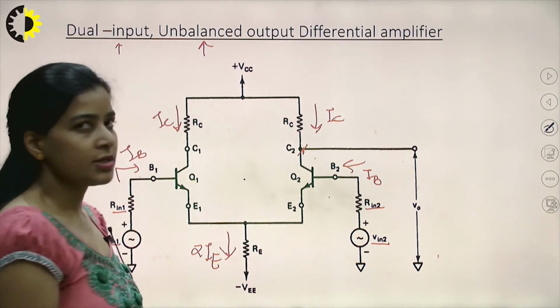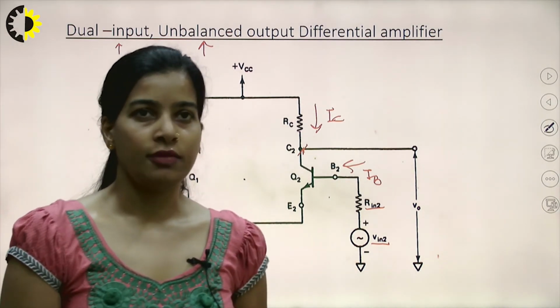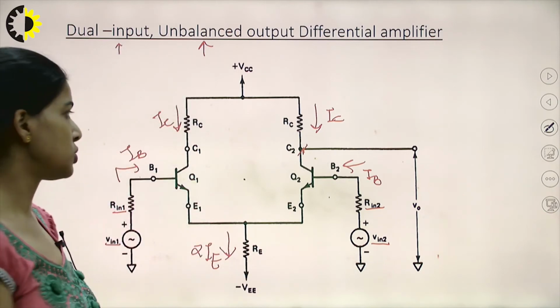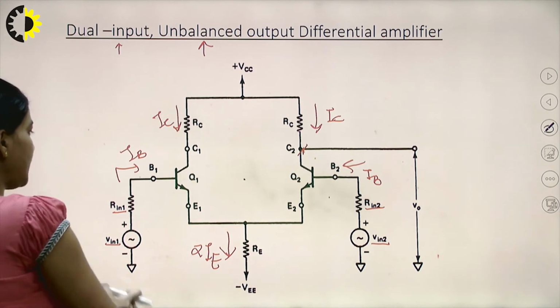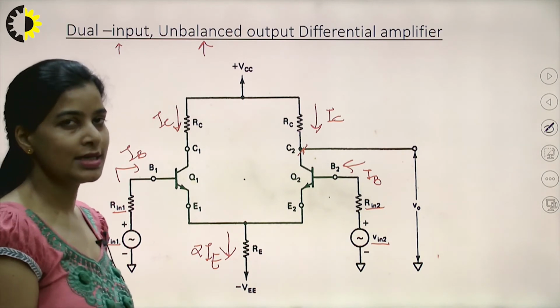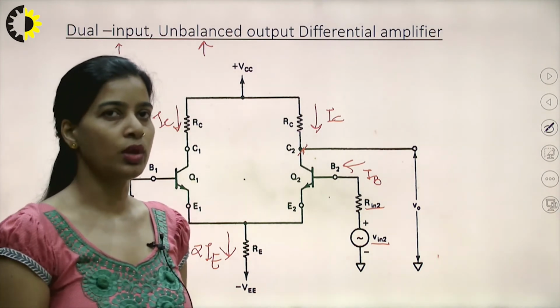So, analysis wise, in the same manner we can do its DC analysis, we can do its AC analysis. So, you will find that when we do its DC analysis, nothing is going to change.